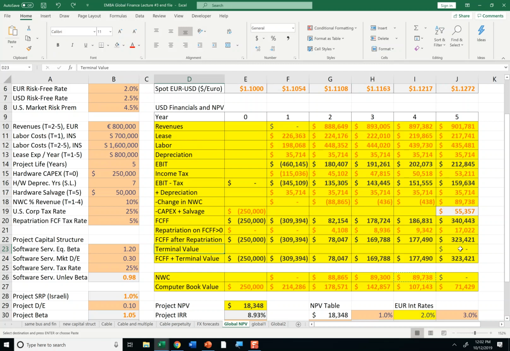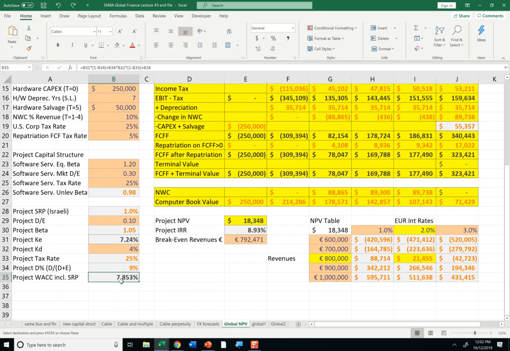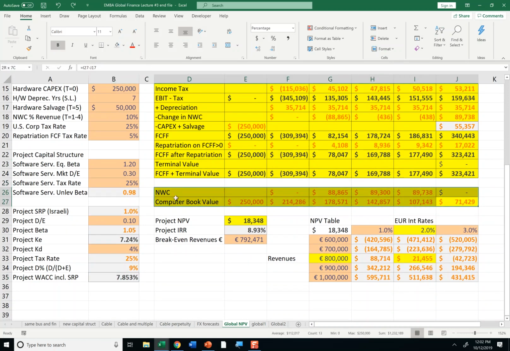All right, so the only question is, how do I get 7.853% as the appropriate discount rate for Google to have a project in Israel? Let me show you what I did.